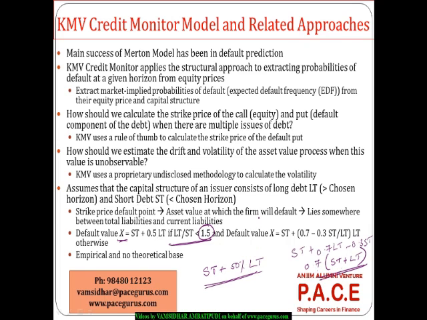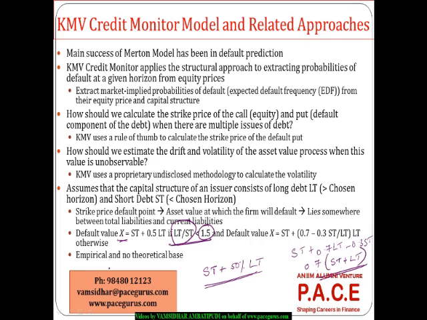They have come out with two different kinds of mechanisms of computing the default. If the ratio long term to short term is less than 1.5, they are simply saying short term plus 50% of the long term is the default value, the value of the assets where the bond might default.